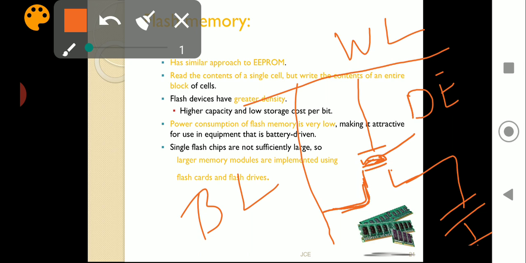So this is how your flash memory looks. The small change is the transistor we have used. This transistor is different from all your earlier ROM cells. All the earlier ROM cells had a different transistor, but this flash memory has a different transistor.